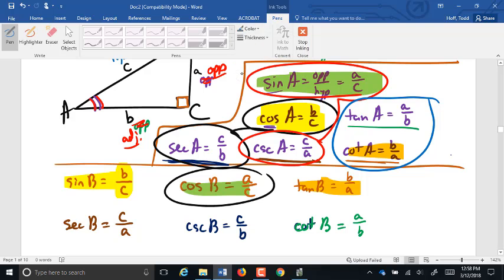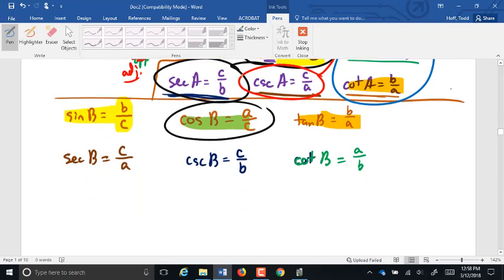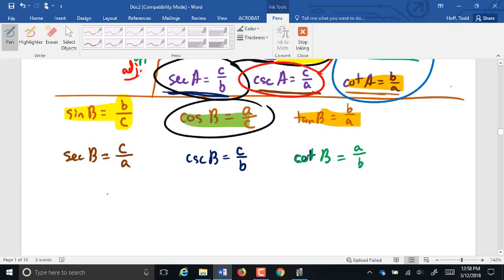One we have not yet seen, well, maybe not at least. If I take the sine of A and I divide by the cosine of A, remember the sine of A was A over C, right? What was the cosine of A?